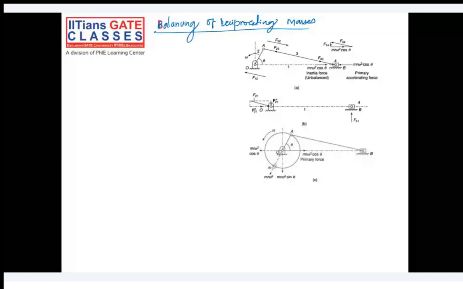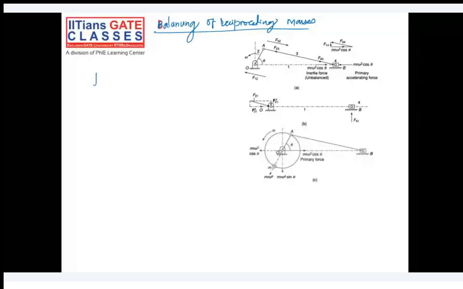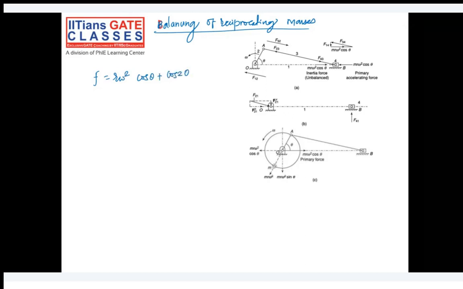So how the acceleration was looking, as I mentioned before, is denoted by F, and that is equal to r omega square cos of theta plus cos of 2 theta divided by n, where n is equal to L by R.